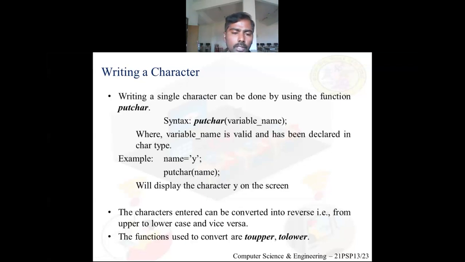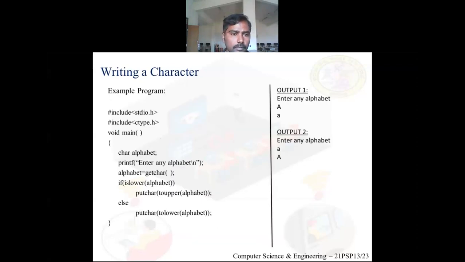an uppercase alphabet to lowercase. See here, this program. Again, since I am using printf, I have used stdio.h, and since I am using getchar and putchar, I am using ctype.h. The declaration statement char alphabet, you know what it does?